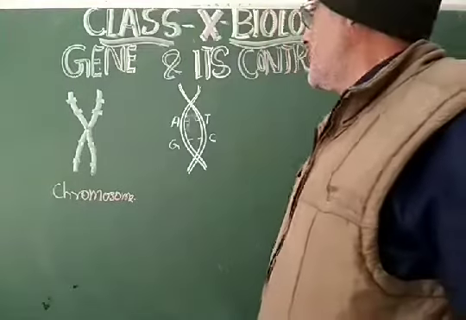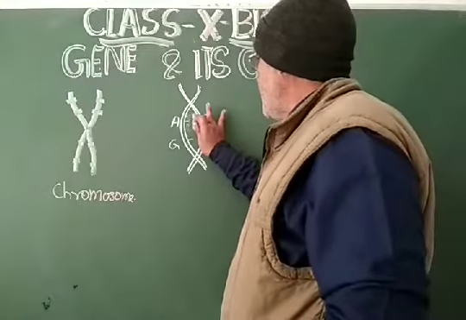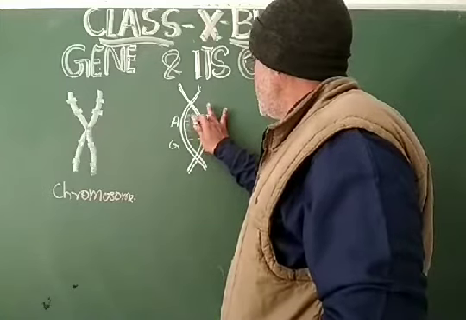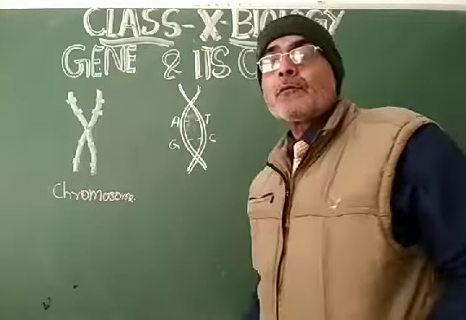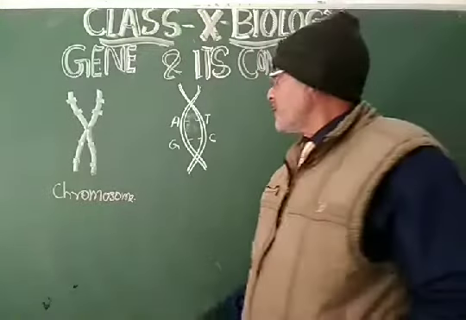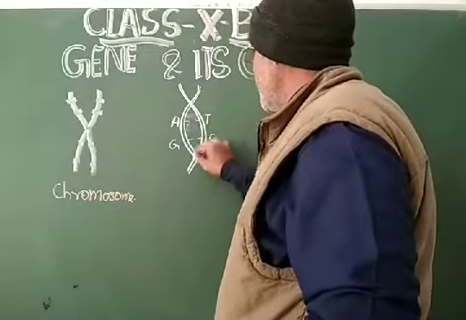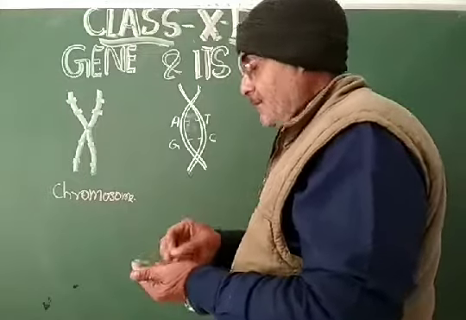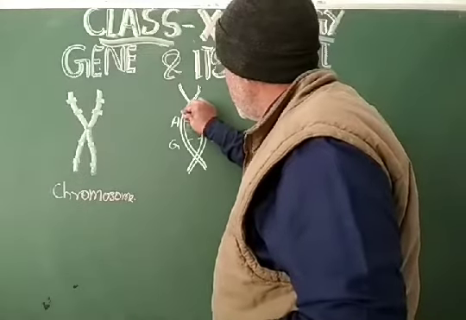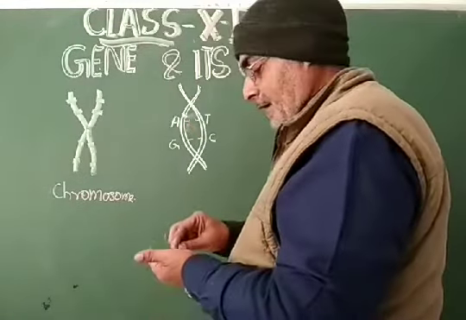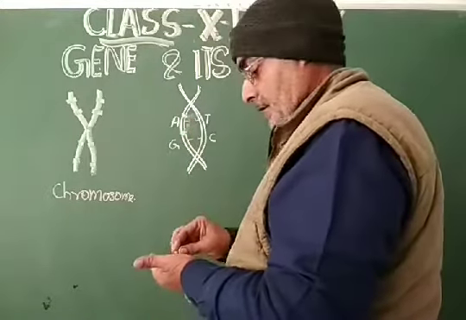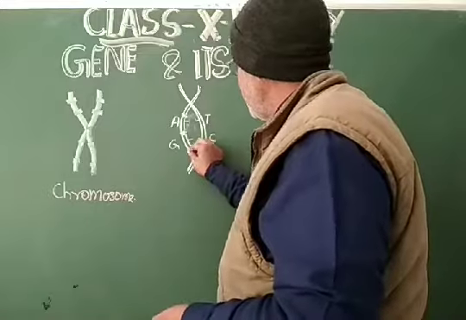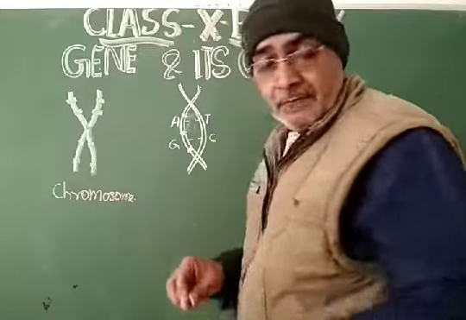And proteins are in the form of code. Those proteins are in the form of different codes, and those codes are present on this helical structure of the DNA, something like this. This is a code A, this is a code B, this is a code C, something like this.